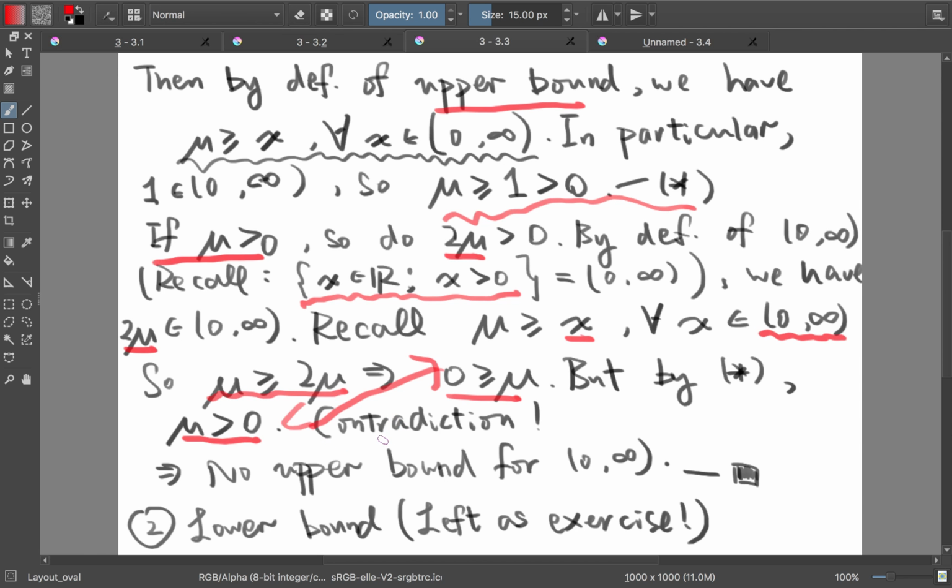Yes, the assumption that we made is wrong. So indeed, there is no upper bound, because we assumed that there is an upper bound. And for the second one, the lower bound of this interval, I will leave it as an exercise because it is similar to the proof before.